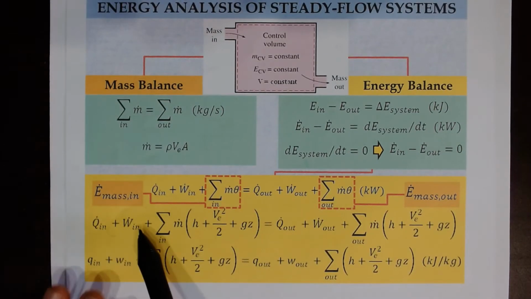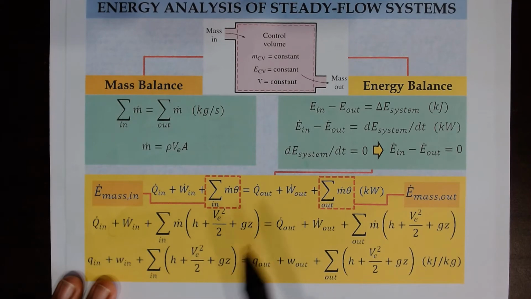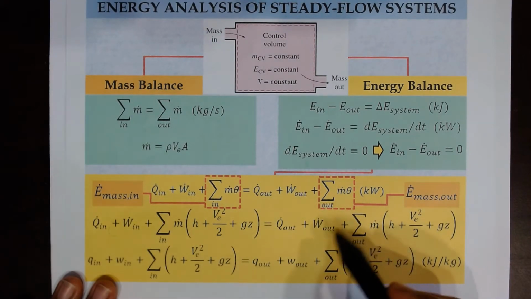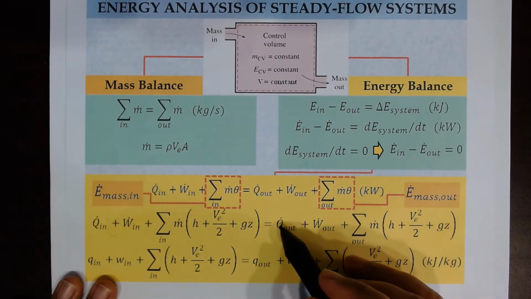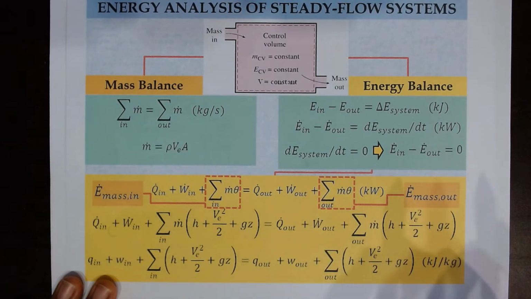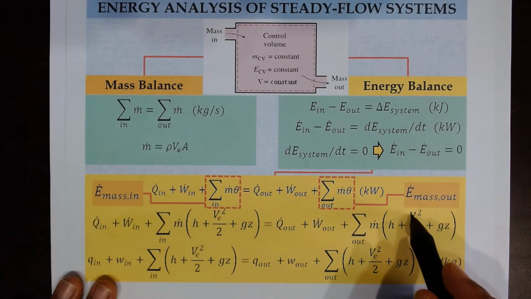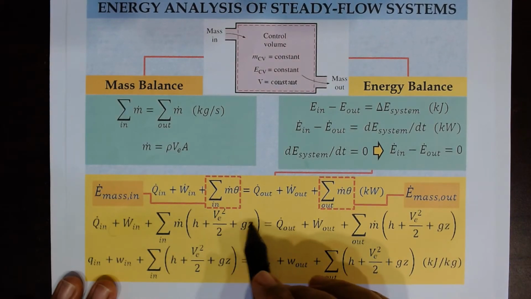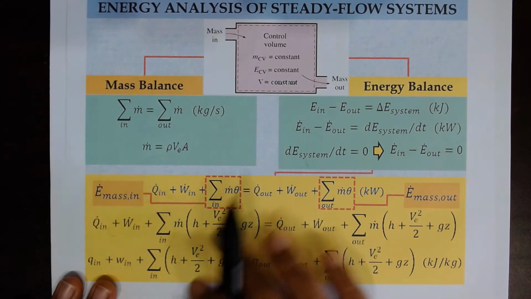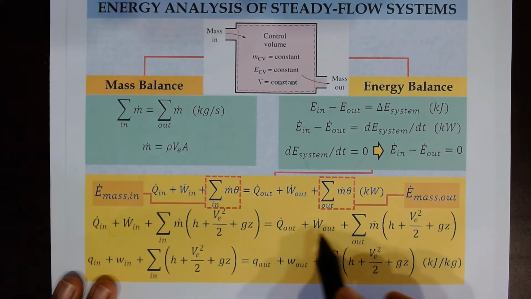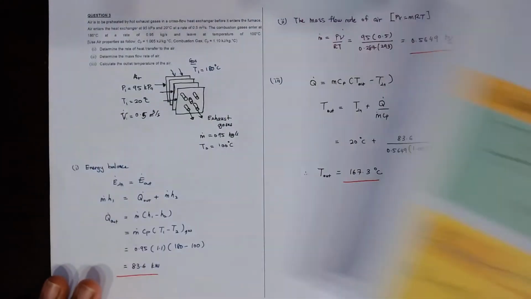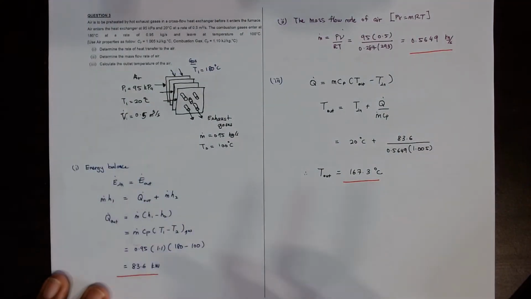There is no work, so no work out and no Q out. There is no effect of kinetic and potential energy, and we leave Q, m dot h1 and m dot h2 at inlet and outlet. So that's why we have the final equation.